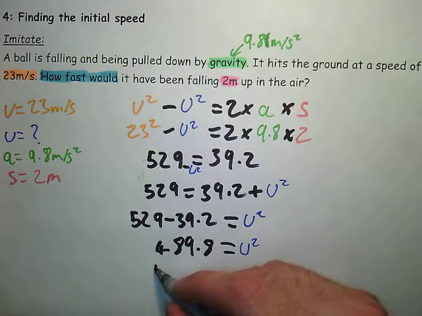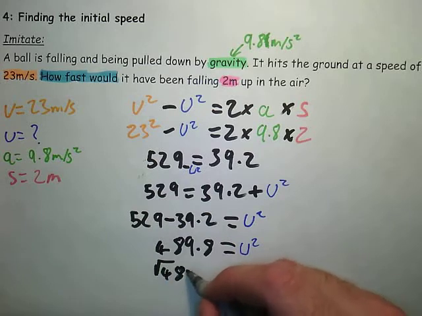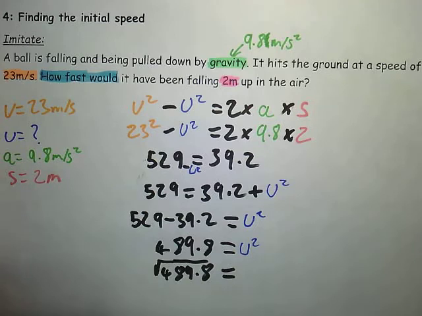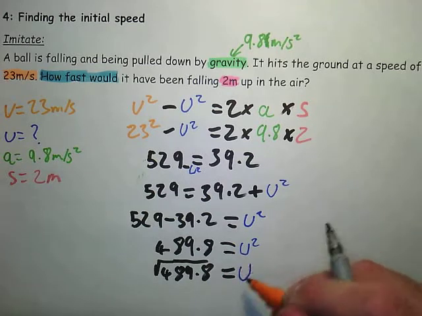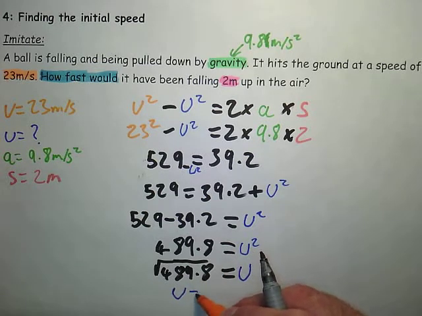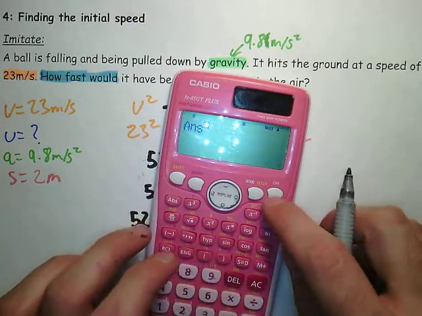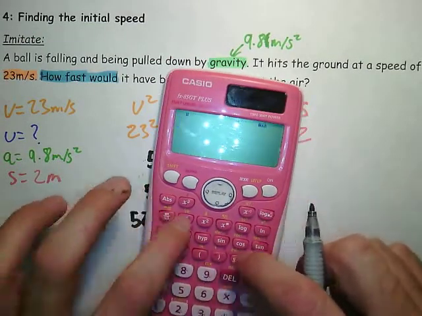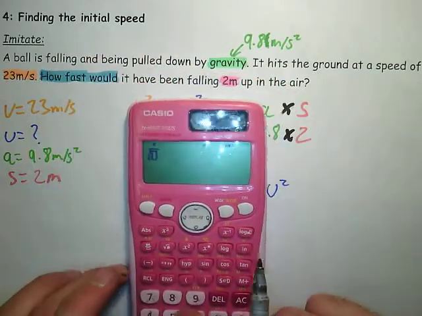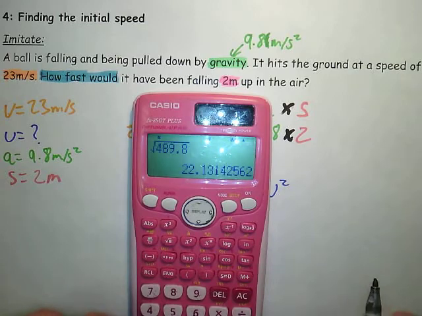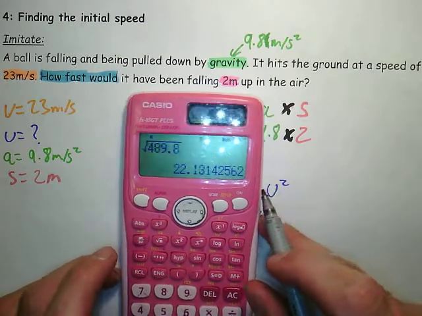So I'm going to square root 489.8, which equals just U on its own. So U, to square root 489.8, is 22.13.